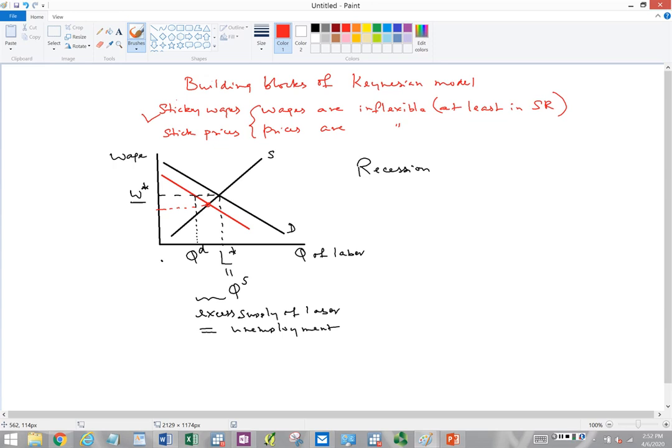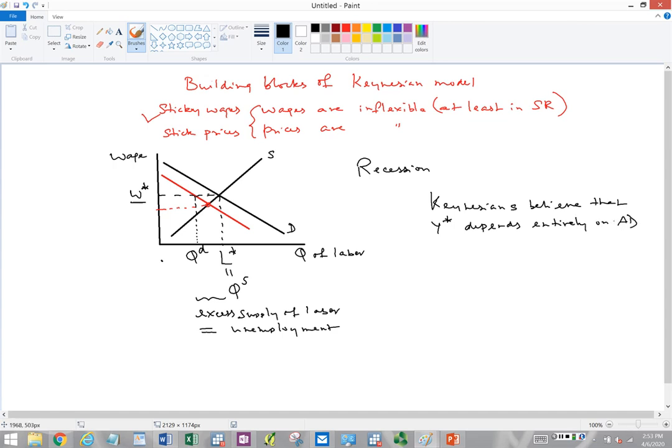Correct? Now, there is another way, a deeper way to think about the significance of sticky wages. Now, remember that Keynesians believe that equilibrium GDP depends entirely on aggregate demand.